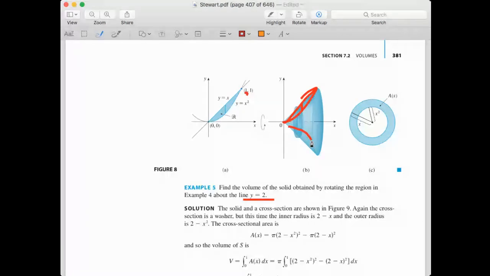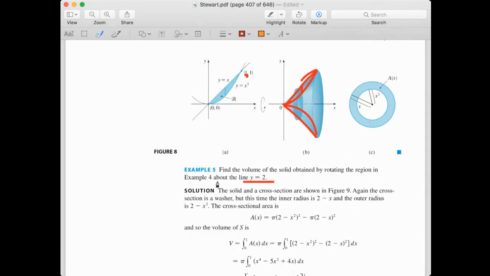The inside is hollow. Sorry, I cannot show you. So the volume is made by this; the inside hollow is not included in the volume.